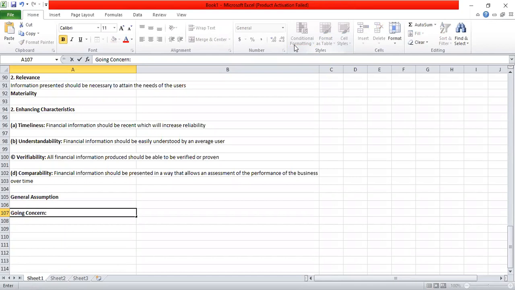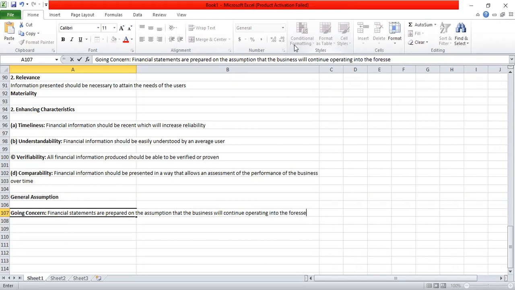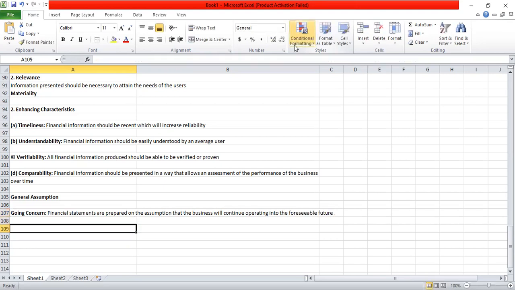According to this principle, we are saying financial statements are prepared on the assumption that the business will continue operating into the foreseeable future. That means there is no plan to close the business. We are expecting the business to operate into the future.